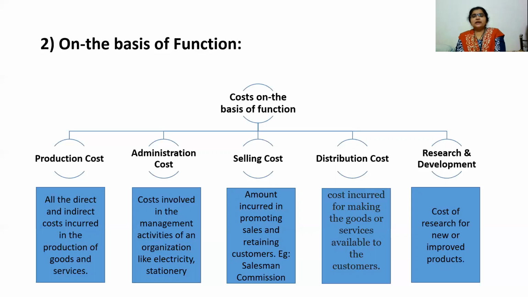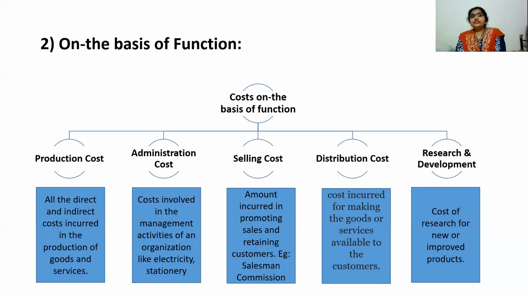Then we have selling cost. Selling cost is an amount incurred in promoting the goods and services. Promoting the sales and retaining the customer is the main motto of every company. In that respect, the activities involved in promoting the company's goods and services are called selling cost, for example salesman commission, advertisement expenses and so on.